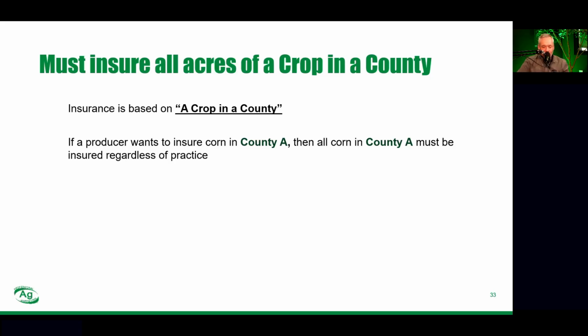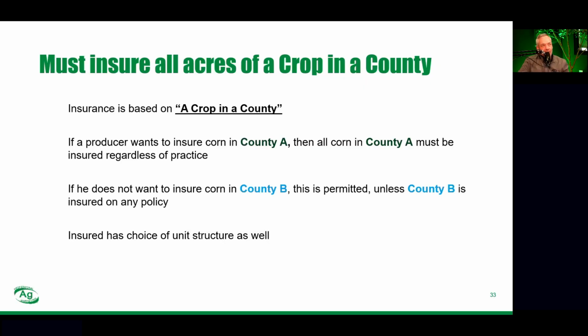Okay, if I'm going to insure corn in County A, all the acres of corn in County A have to be insured. If I have corn in County B as well, I can choose to insure County B. I can insure it at a different policy, a different plan, or I can choose not to insure it. Okay. So each county and crop is a different decision.